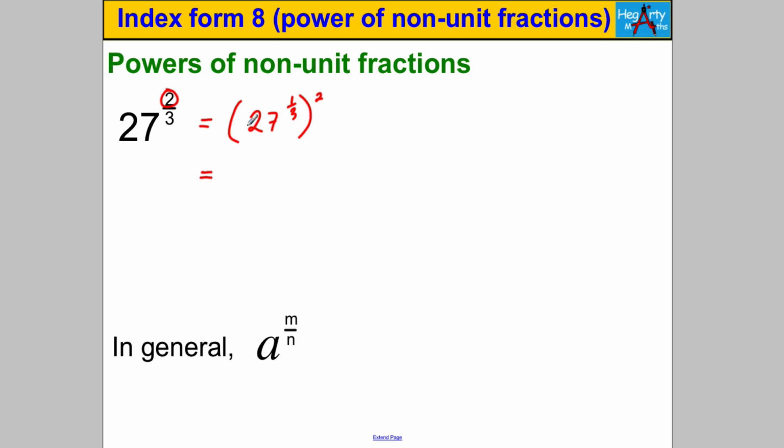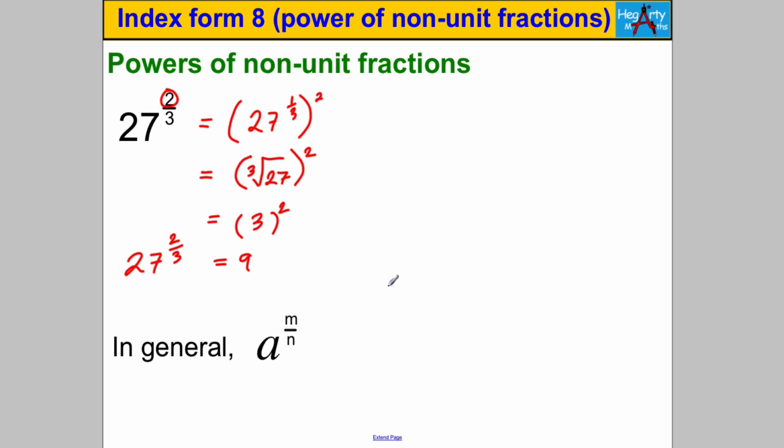Why is that helpful? Because I know what 27 to the third means. It means the cube root of 27, and don't forget, I'm squaring all that. Now the cube root of 27 is the answer 3, and don't forget, I'm squaring that, and 3 squared gives me 9. So there you go, 27 to the 2/3 is the same as 9.